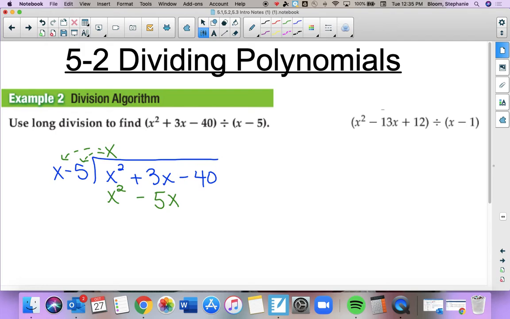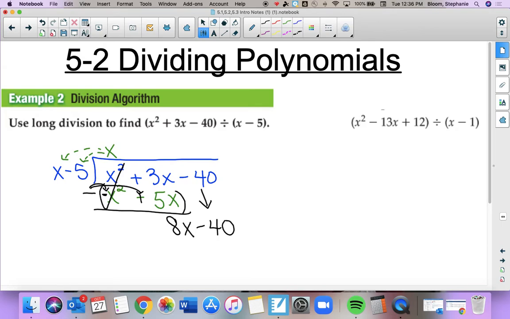Now, I am subtracting this off, but that is a binomial, so just like you did earlier with subtraction, I'm going to have to take that through into both. Everybody with me? So this x squared becomes negative, which means those are going to cancel. My 5x becomes positive, so this becomes 8x. Bring down the next term, which is minus 40.